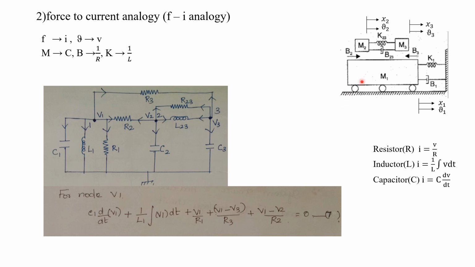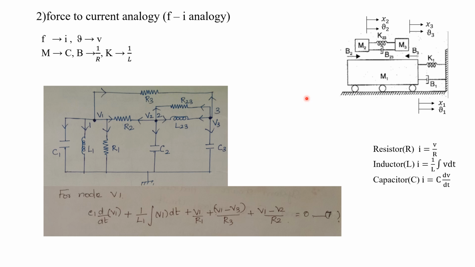Okay, now what are the elements which are connected between M1, M2 as well as M3? Between M1 as well as M2 we have B2. The corresponding opposing force will be FB2. B corresponds to R. In between node 1 as well as node 2, we have B2, so it will be R2.